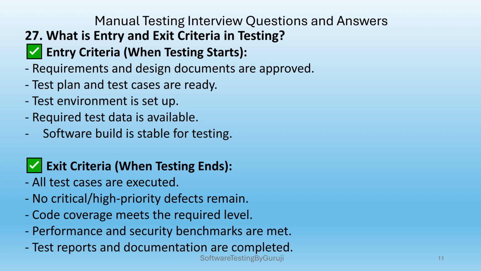Exit criteria means when testing ends: all test cases are executed, no critical high priority defects remaining, code coverage meets the required level, performance and security benchmarks are met, test report and documentation are completed. So when all these things are completed, then we can exit the testing.